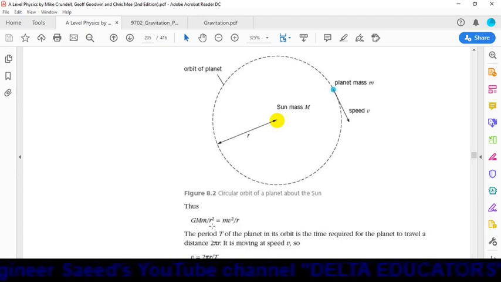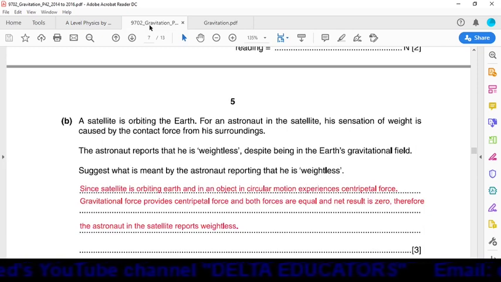Since both forces are equal, their resultant is equal to 0, so there is no net force, and we can say the weight is 0, because weight is also a force with which Earth attracts everybody towards its center. Since the resultant force is 0, we can say weight is equal to 0.